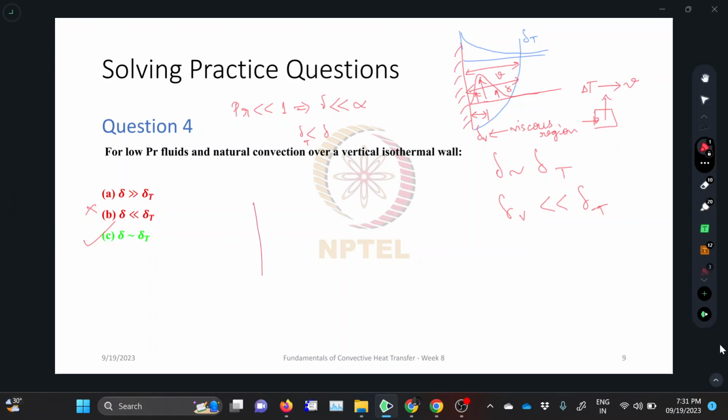Get my point? If we again try to draw a similar profile, I'll have a velocity profile something like this, where there is a very high gradient very near the wall, and with distance increasing from the wall it will have a gentle slope. This is what I call delta V, and this entire distance is what I call delta.